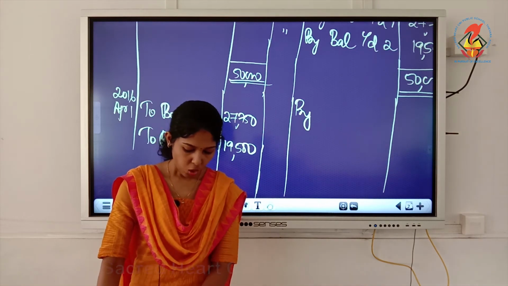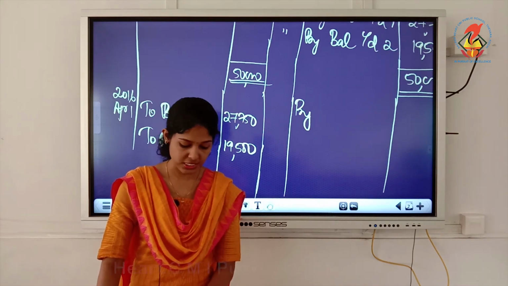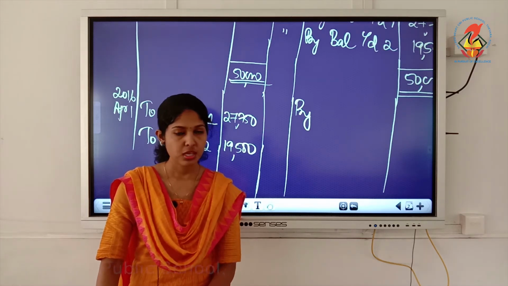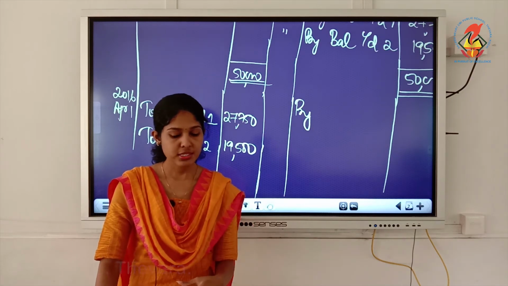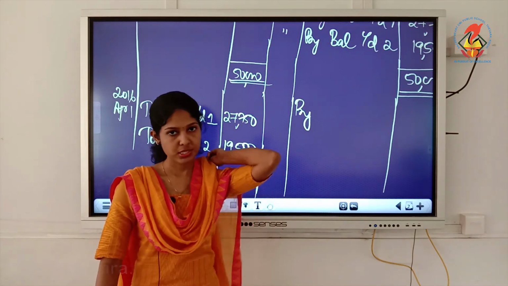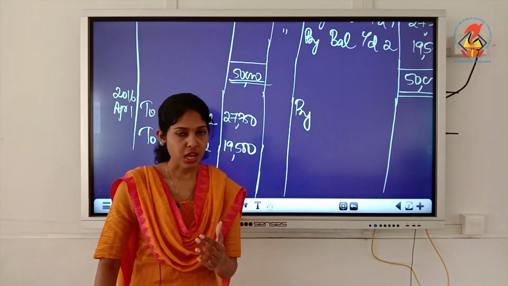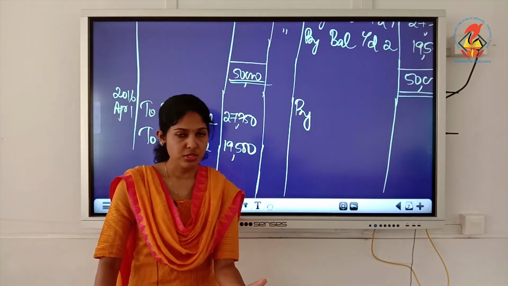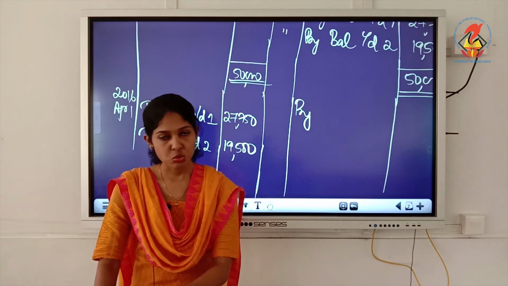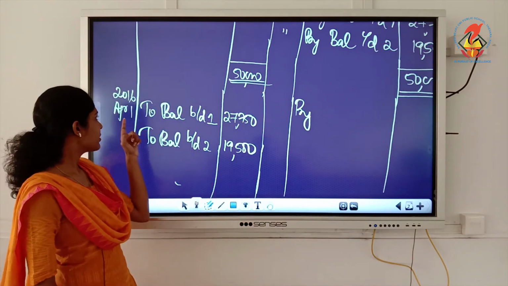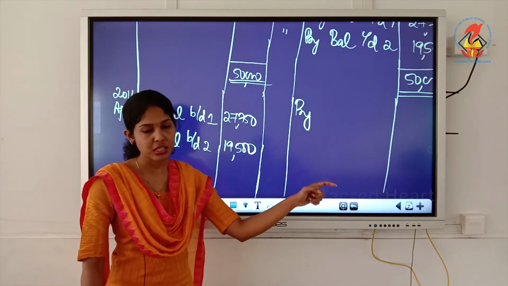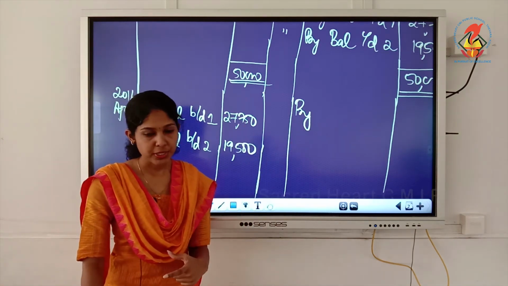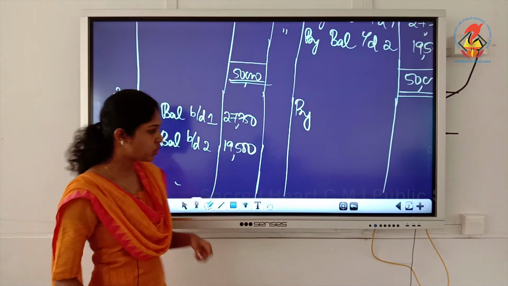On 1st October 2016, you have purchased one more machinery costing rupees 10,000. So just think of the financial year in which it falls. It is 1st October 2016. So the financial year starts with 1st April 2016, ends on 31st March 2017. So starting with 1st April 2016 means this year, the second year, we have an additional purchase of machinery, so that we have to include it here.